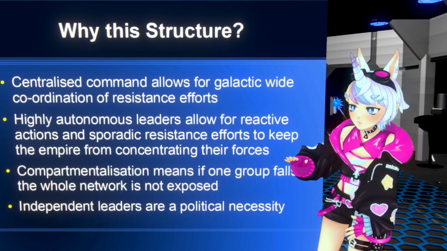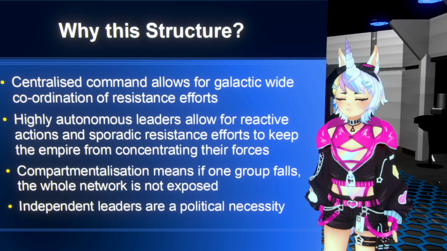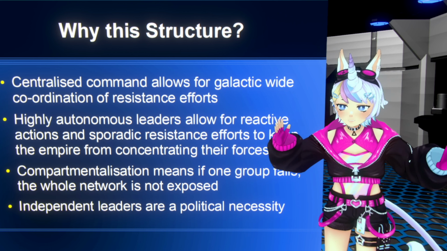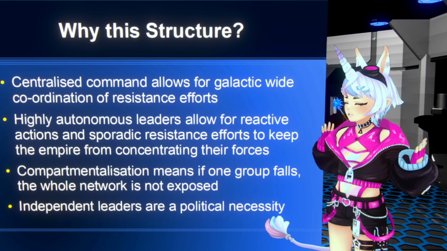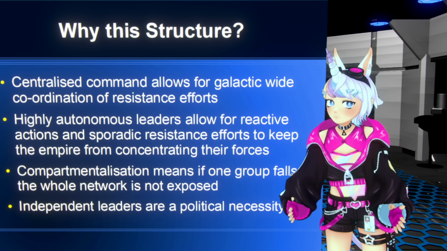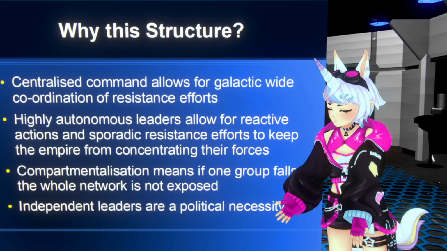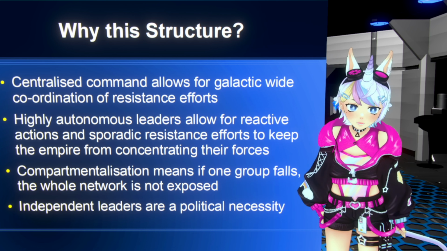Compartmentalization means that if one group completely falls, then the whole network is not exposed. There is an idea that there is somebody behind the scenes, pulling all of the strings, but if you don't know who it is, then it's impossible to stop all of these individual groups from causing mayhem.